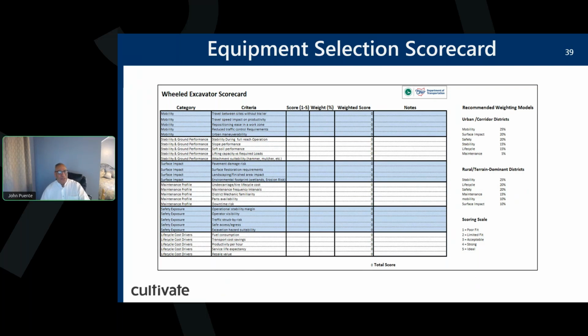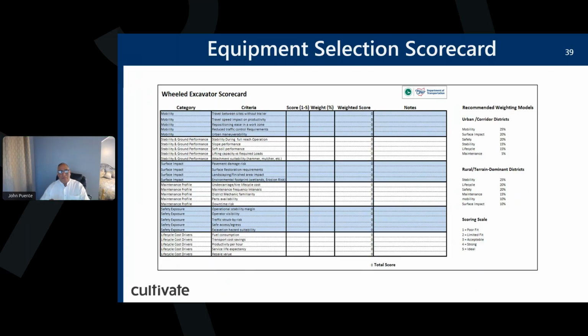And then there's a scoring scale from 1 to 5 as to what is the best fit, 1 being poor and 5 being ideal. You probably will never get to a 5, but you'll at least be able to compare your choices of a wheeled excavator score compared to a track excavator. They're in the same spreadsheet, so you can look at them side by side and apply your weights as you see fit.